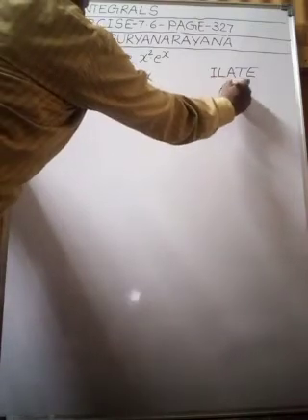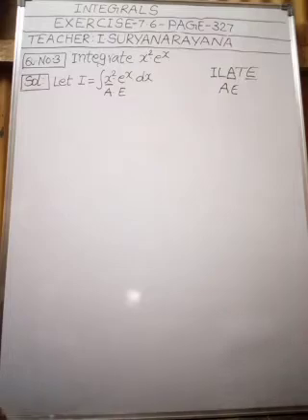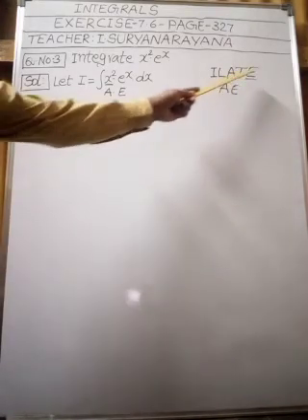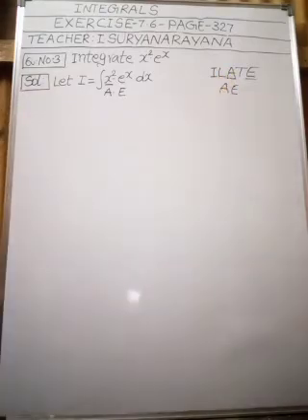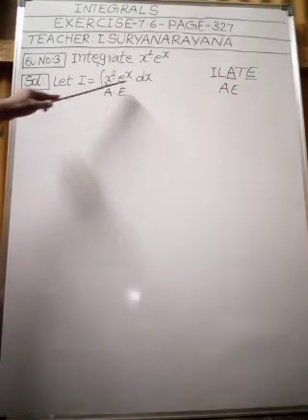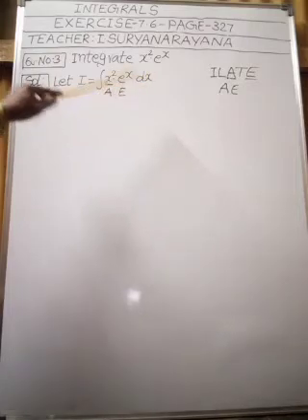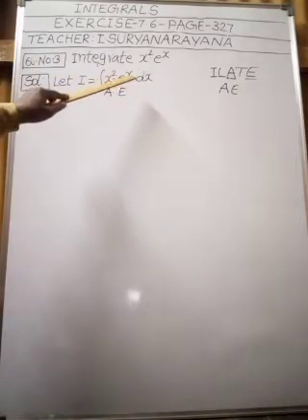See here, A first and E last. The functions are in the same order: first algebraic and last exponential. So these two functions are in the same order, which is convenient to us to integrate this product easily.